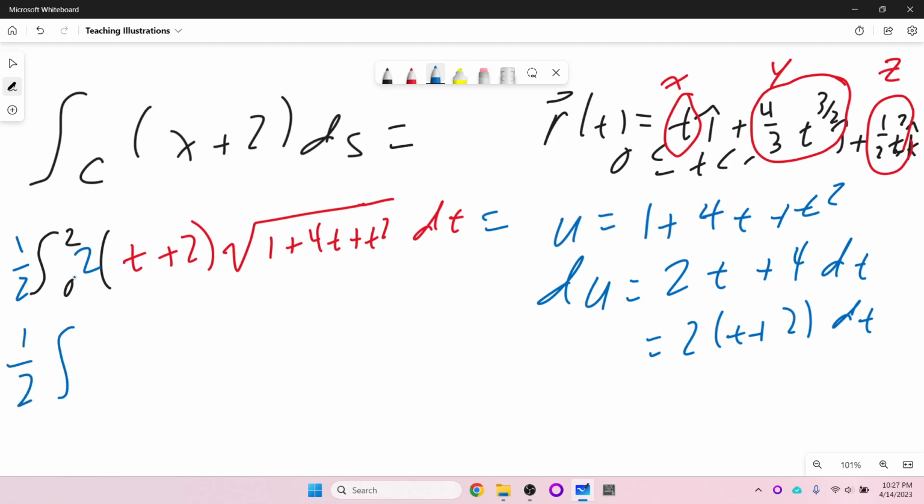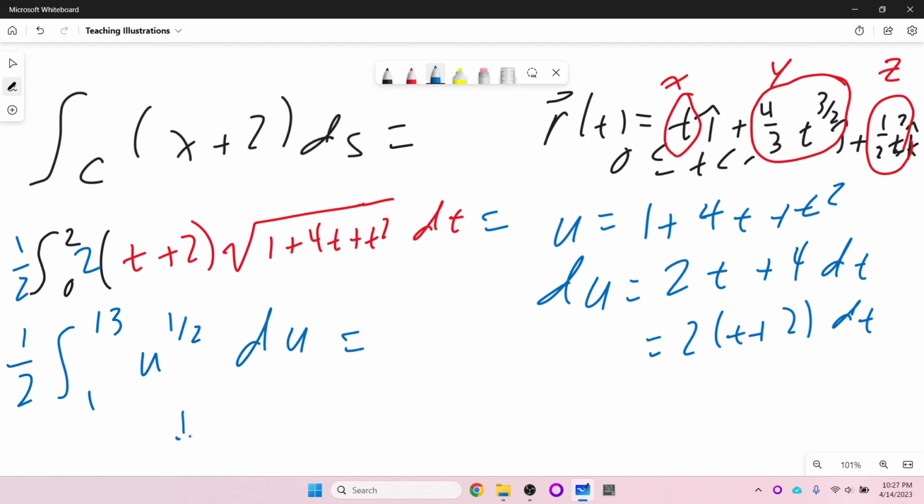Now, limits on u. T goes from 0 to 2. If I plug in 0, I would get 1 for u. Plug in 2, I get 1 plus 8 plus 4, which is 13. Then u to the 1/2 du, because this 2t plus 2 dt all becomes a du. And now it's just the same old, same old.